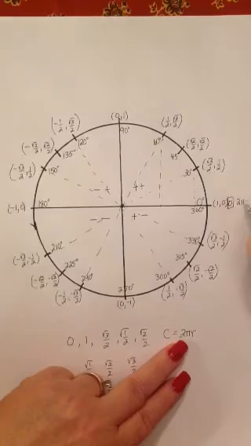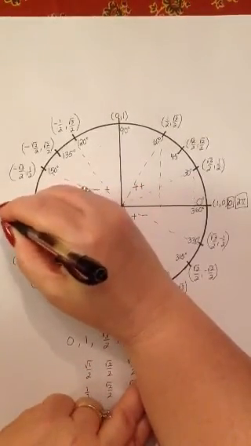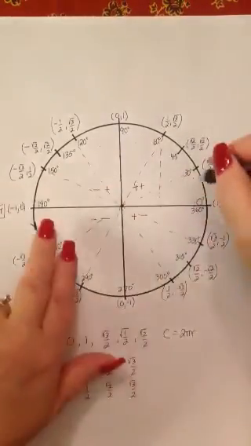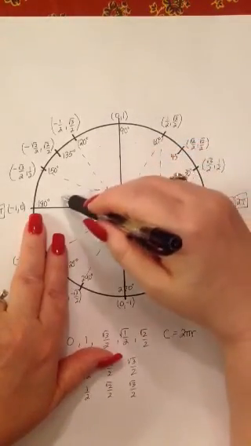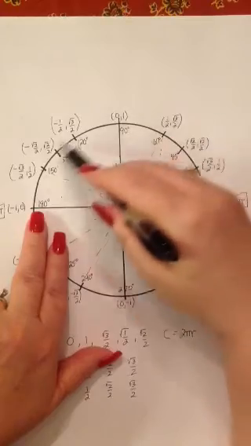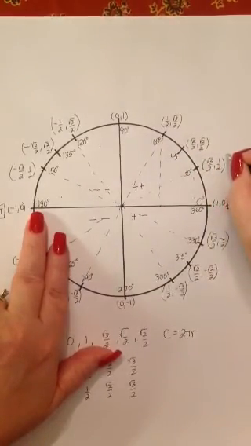We would put 2 pi here. You start with 0, then you go all the way around, and then it's 2 pi. So that means over here would be pi. And between 0 and pi, there's 1, 2, 3, 4, 5, 6 divisions. So each one of these is going to be 1/6 of a pi. Or we're going to count them by pi over 6.